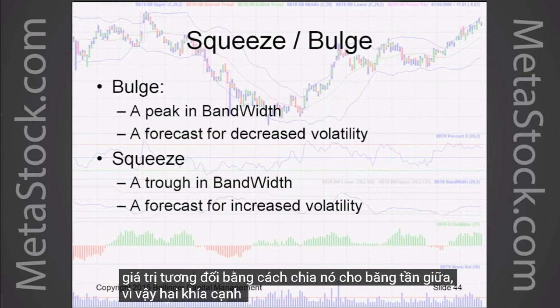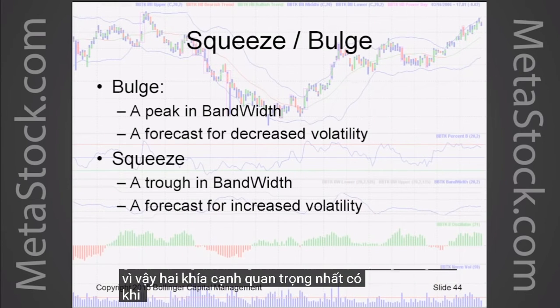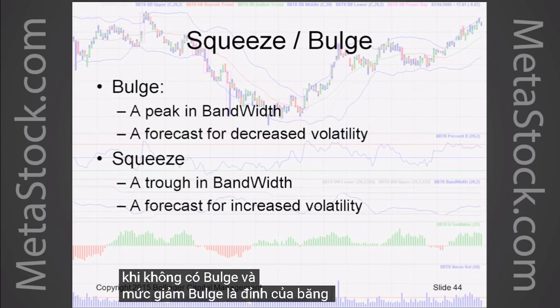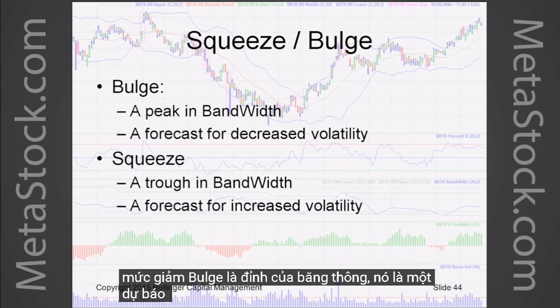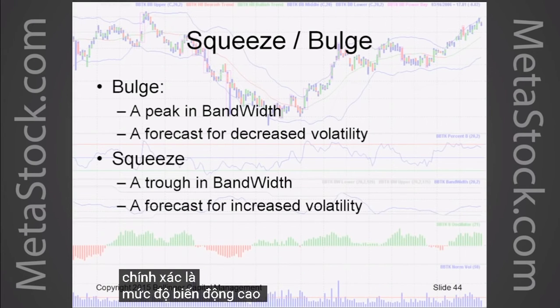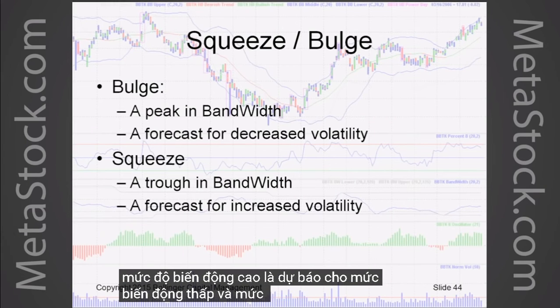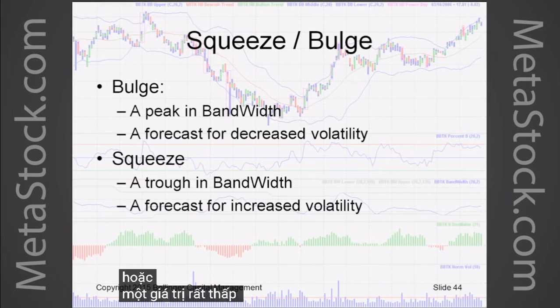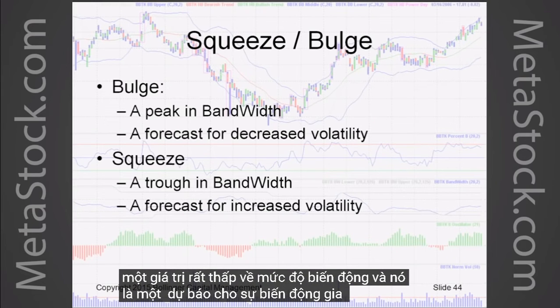So the two most important aspects of bandwidth are the bulge and the squeeze. The bulge is a peak in bandwidth, and it is a forecast for decreased volatility. That's correct. High volatility is a forecast for low volatility. And the squeeze is a trough in bandwidth, or a very low value in volatility, and it is a forecast for increased volatility.